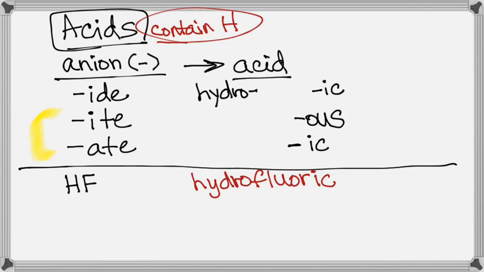Another example down here, we're going to go the opposite direction, and we're going to start with sulfuric acid, and you give me the formula. So I go back and I look.